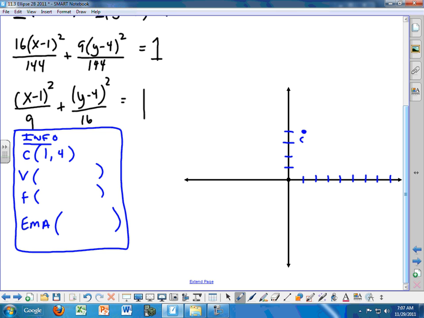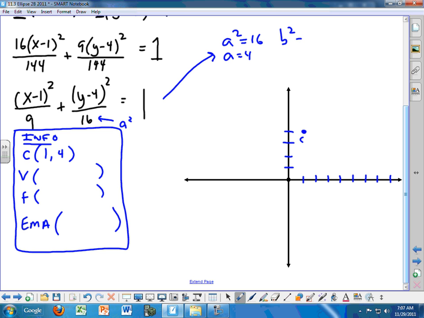Now, because the 16 is underneath the y term, that means that the compensation we need to do for the y term is the square root of 16, or 4. So this is equal to a squared. So if we just write these out on the top, I'll put them up over here. A squared is 16, so a is 4.